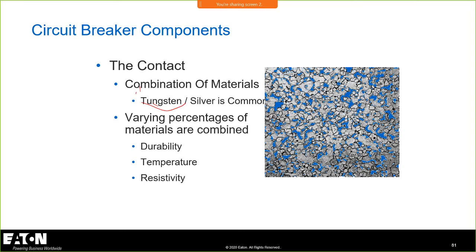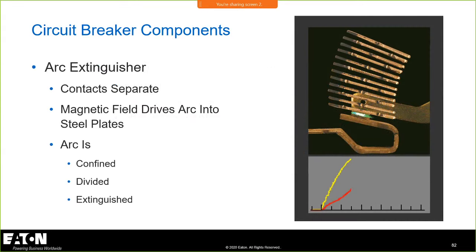Tungsten gives you your porous structure. Silver fills the gaps, and the tungsten is what's really durable and will last. Obviously, silver is softer. So we get durability, and we worry about temperature, and it's a recipe. We have engineers who just do that for a living, worrying about the contacts.